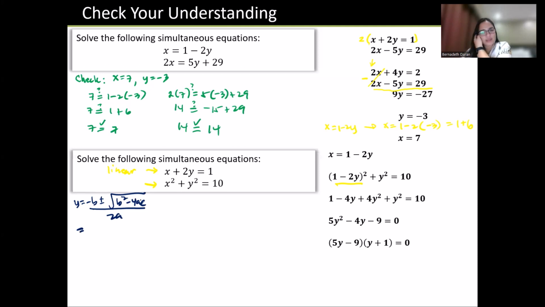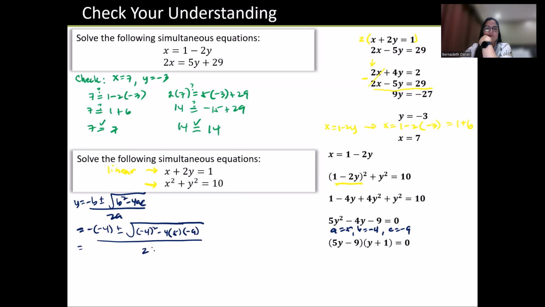Okay, and in this case, our a is 5, our b is negative 4, and our c is negative 9. So we have negative of negative 4 plus or minus the square root of negative 4 squared minus 4 multiplied by a multiplied by c, all over 2 times 5. That is our 2a.